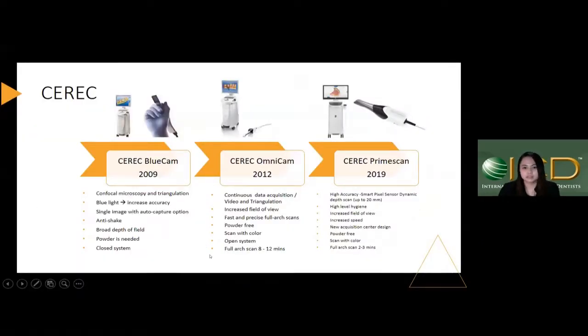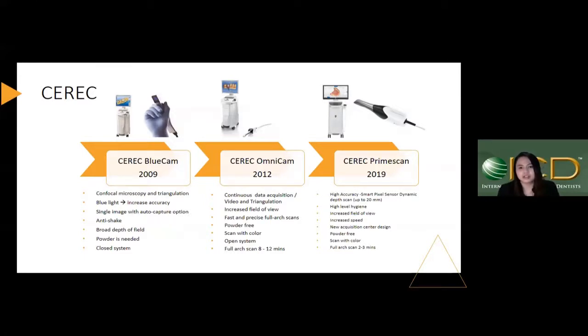This is an example of the CEREC intraoral system development. Earlier, the CEREC BlueCam in 2009 used confocal microscopy and triangulation with blue light. It is a single image capture with auto capture options and anti-shake, and needs powder before scanning the tooth.